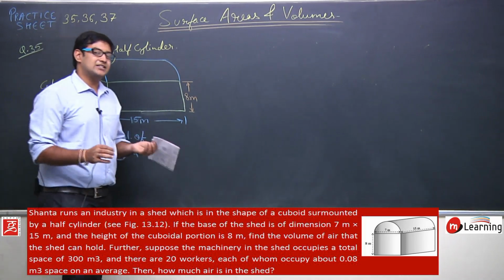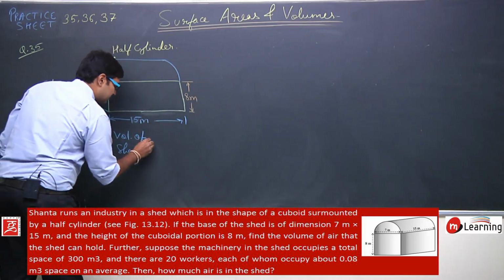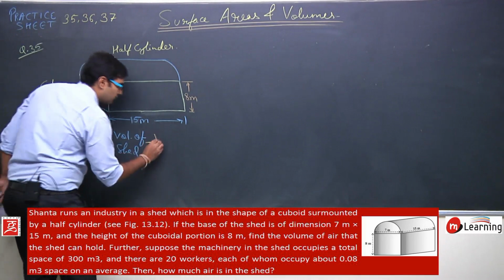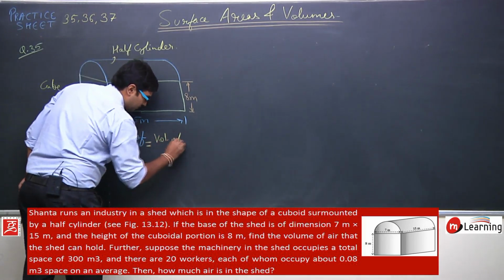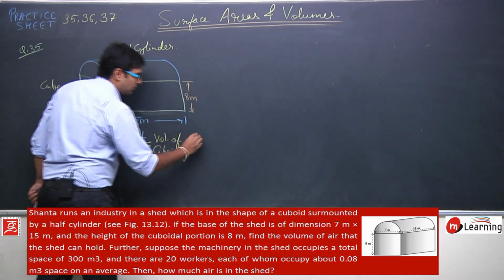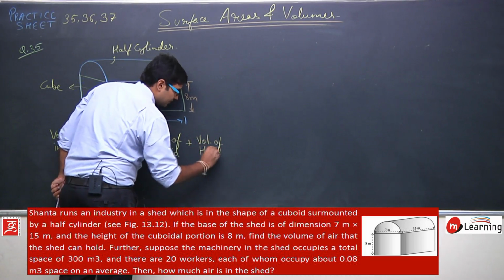I can see that this shed is made up of two portions. So the volume of shed will include volume of cuboid plus volume of half cylinder.